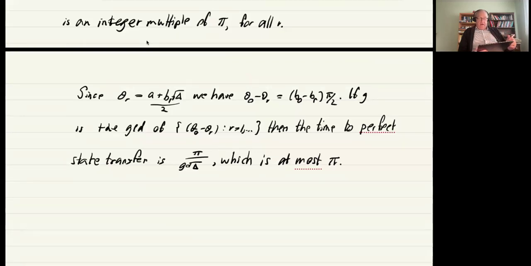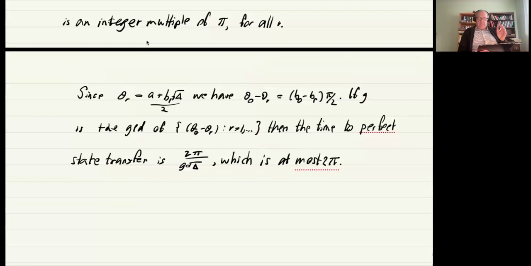And so the time to perfect state transfer is going to be 2 pi, almost 2 pi. Okay. So it's not obvious at this point, but in a certain sense, that's pretty quick. Okay. Now, that's another bound, and so we have that.